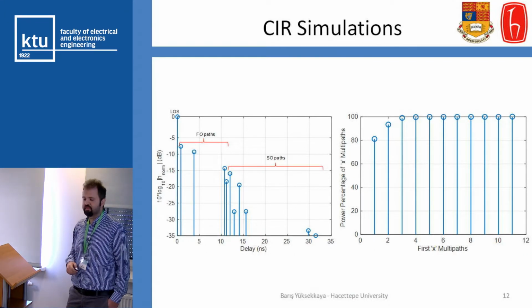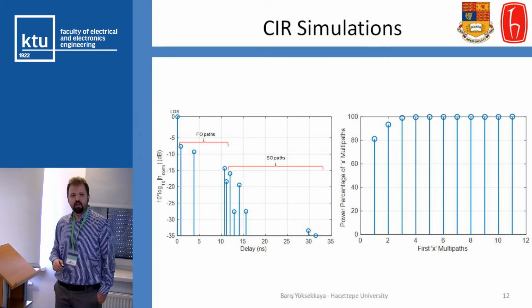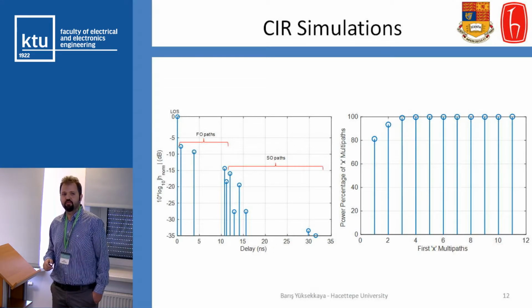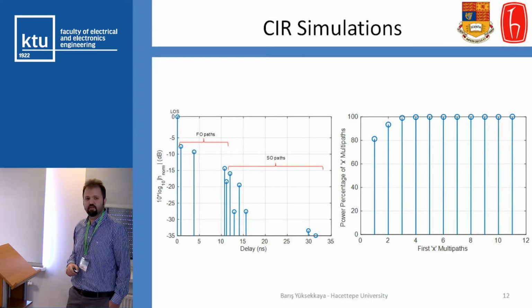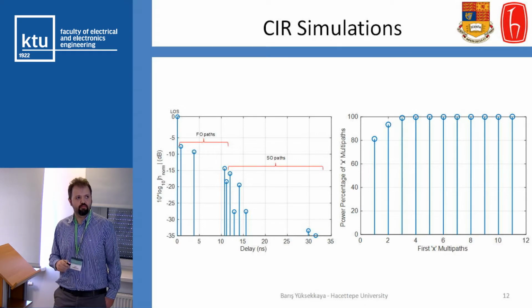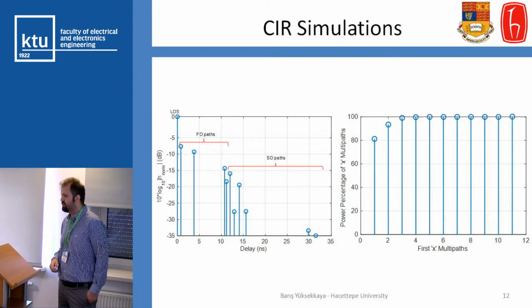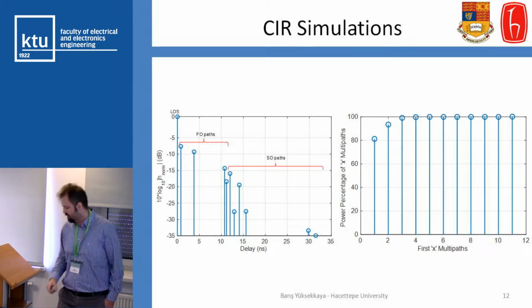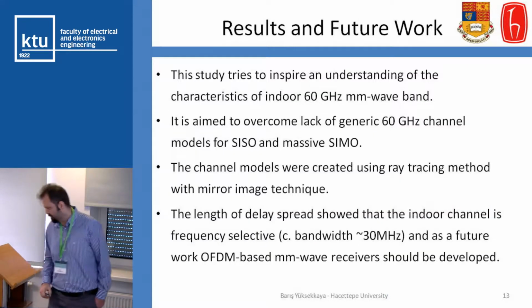So this is a frequency selective channel. And again we can neglect the second order paths in order to find the modeled channel. And even if we neglect these paths, the delay spread will be on the order of 10 nanoseconds, which again means a frequency selective channel.